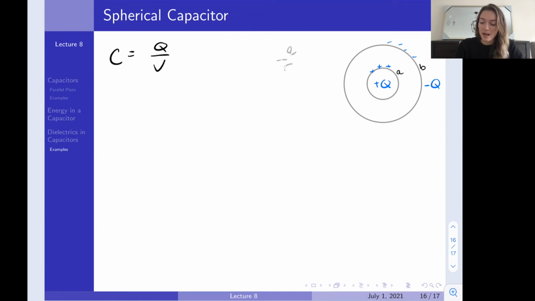But because of Gauss's law, I immediately know the electric field in between these two spheres, right? So calculating the potential as the integral of the electric field is actually going to be really easy because I'm only worried about the space in between the plates. I know the electric field in between the plates is going to be that of just a point charge, because from Gauss's law, this sphere will behave as a point charge once I'm outside the sphere.